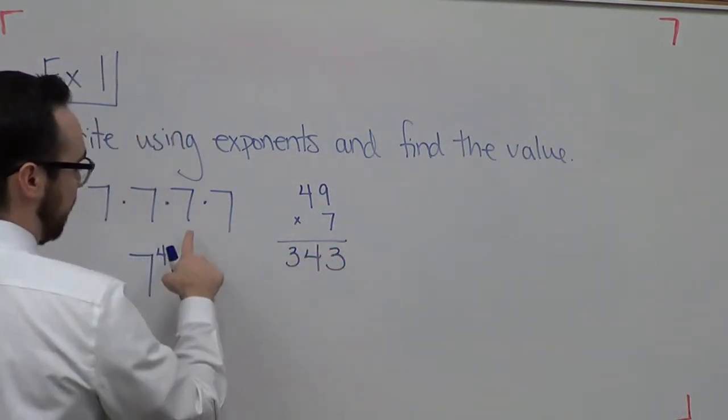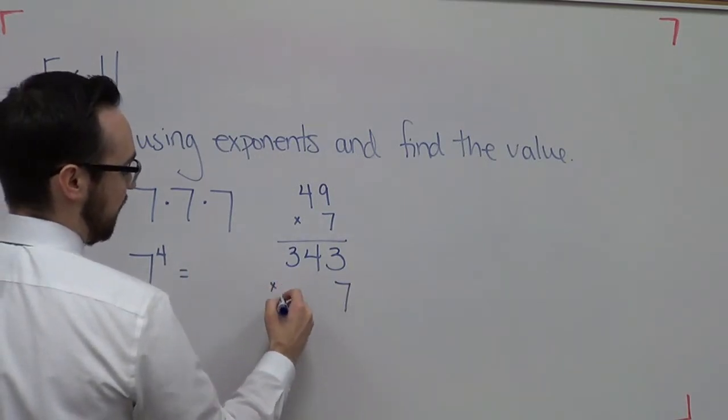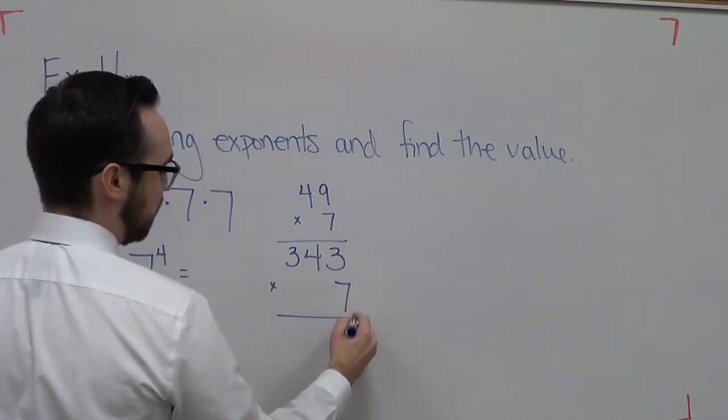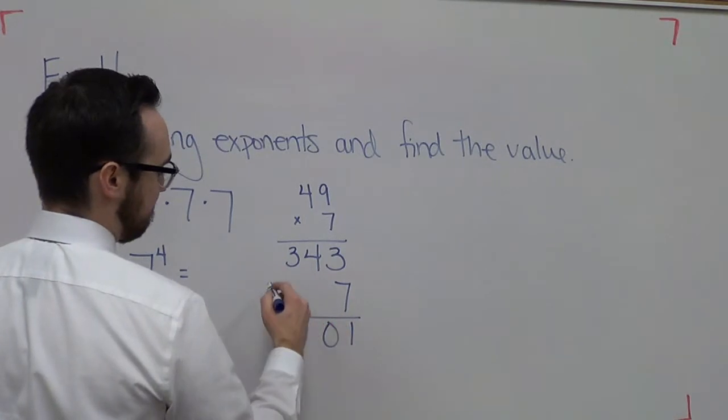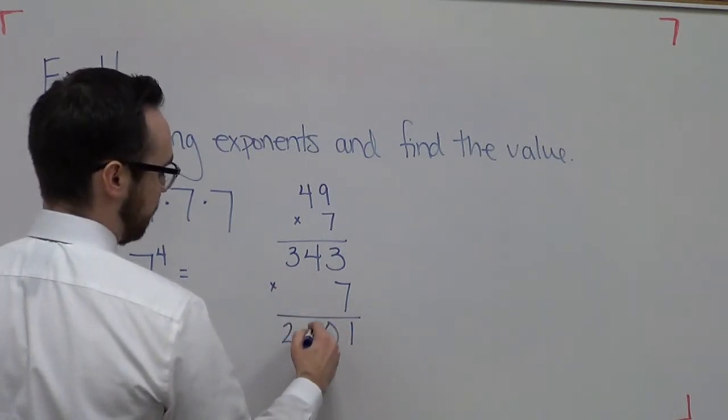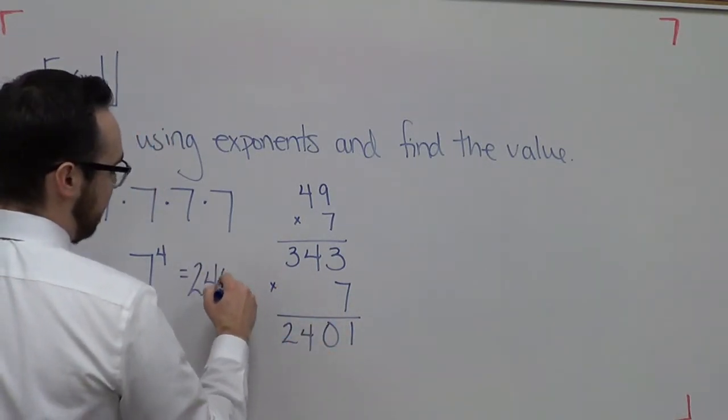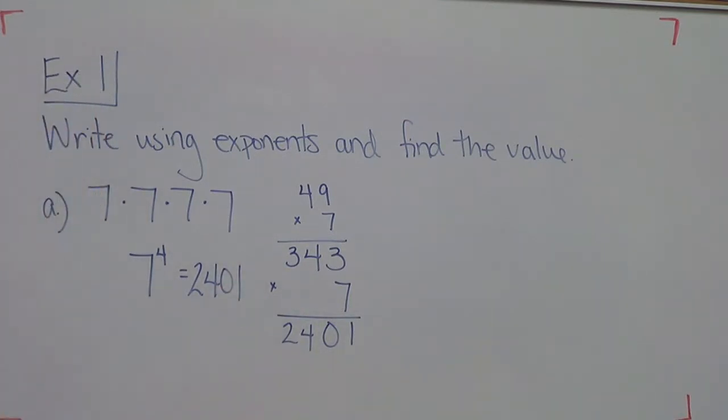So that's 343, and then we'd multiply it by 7 again. I believe, now that was fast math, so it might be incorrect, but it should be approximately 2,401.